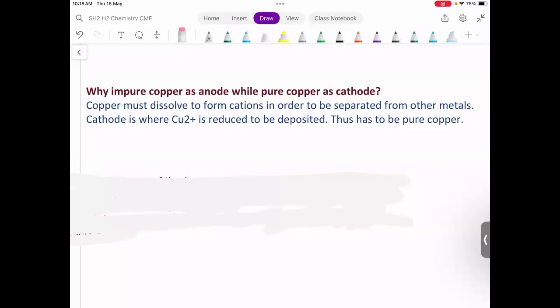Make sense? By dissolving it, we are trying to break it up. That's how you can purify it.